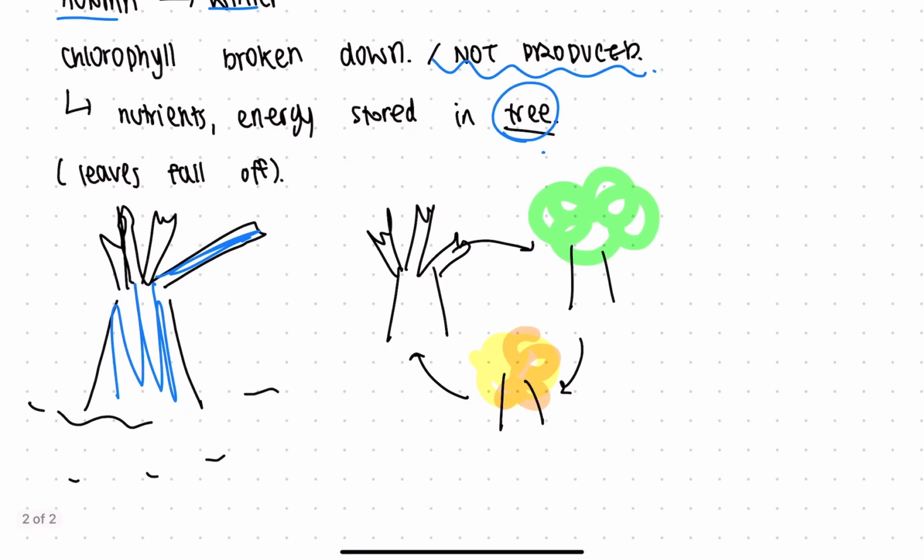And therefore, they no longer need chlorophyll or to directly absorb light during this time of the year, which is winter, and therefore the leaves fall off.